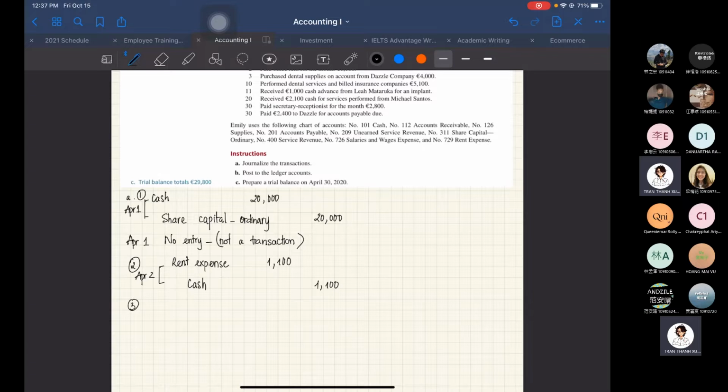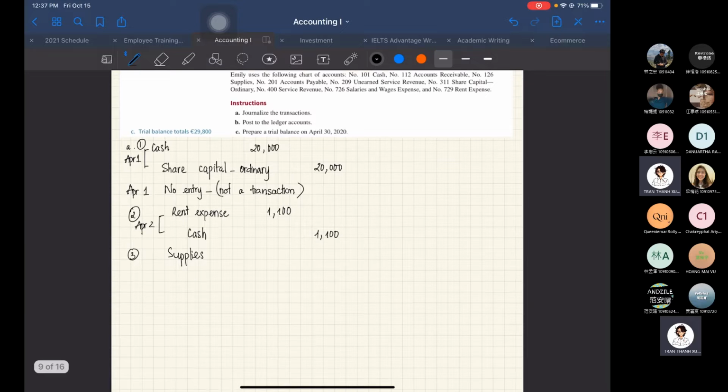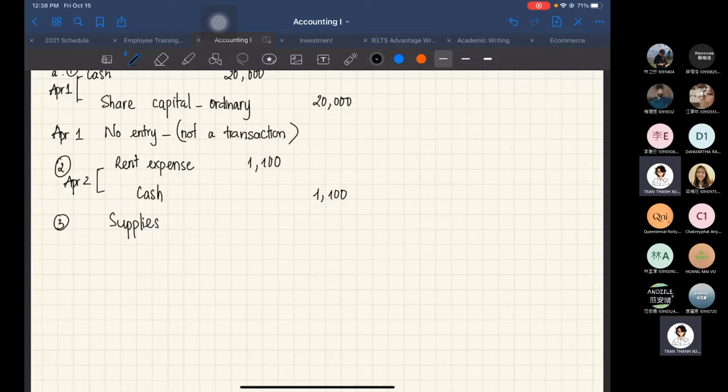So we're going to write supply first. And as you say, because right now we don't have cash here, we pay it on account, so we're going to use account payable.